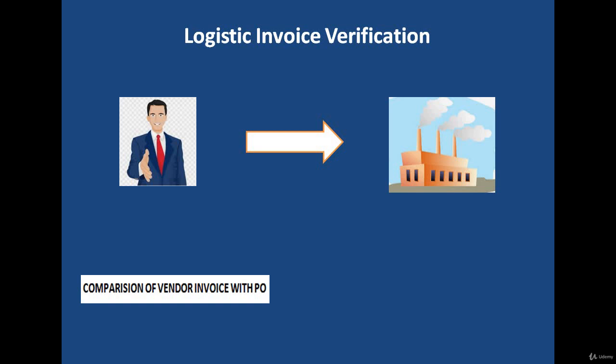Here, as soon as we receive the vendor invoice, it is compared with the purchase order document of the company, and then the important data is cross-checked, and then the vendor invoice will be eligible for getting the payment, or it will be accepted for making the payment to the vendor.